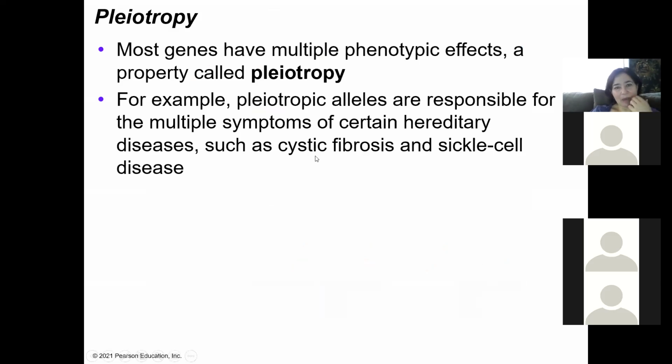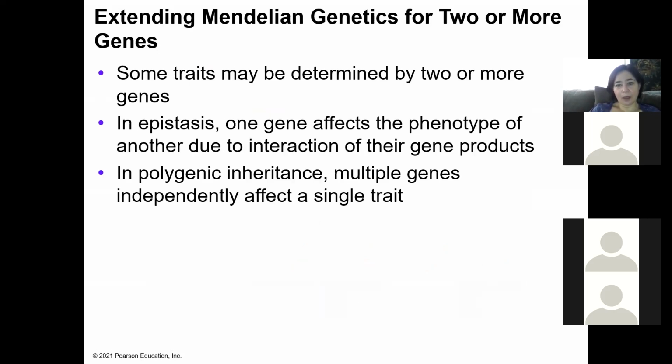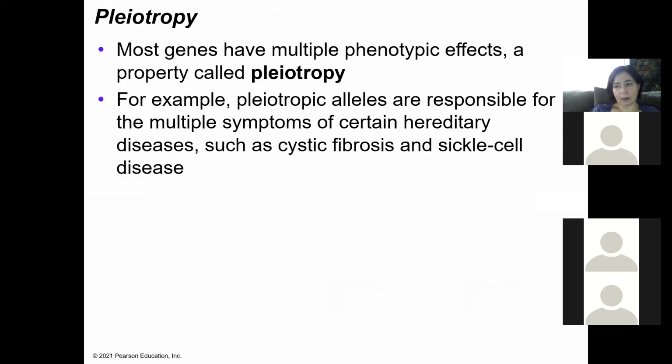Okay, so pleiotropy. Pleiotropy is when one allele is responsible for multiple symptoms. A good example is sickle cell disease, when one allele that codes for the wrong shape of hemoglobin has a profound effect on health.